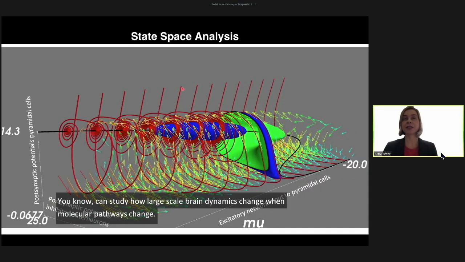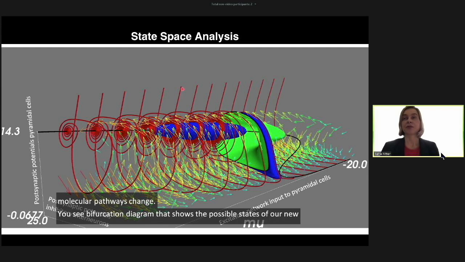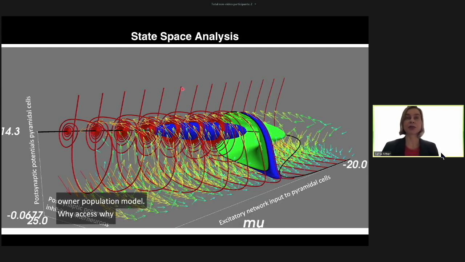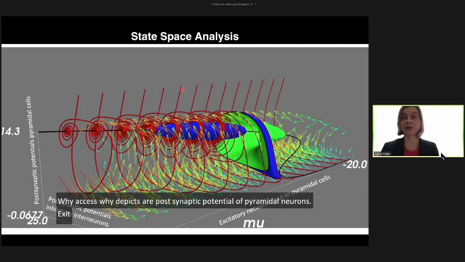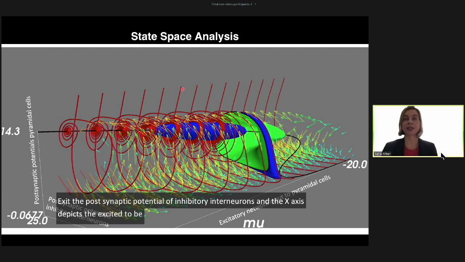Here's a bifurcation diagram that shows the possible states of our neuronal population model. Axis Y depicts the postsynaptic potential of pyramidal neurons, axis Z the postsynaptic potential of inhibitory interneurons, and the x-axis depicts the excitatory input from other brain regions.